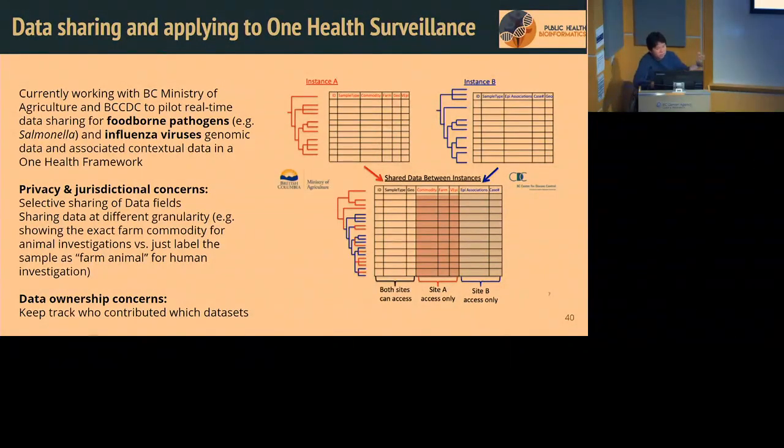All they need to know is that a certain food product has been contaminated and that certain people consumed that particular food product. So segregation of information for privacy and jurisdictional reasons is not unreasonable. We're building tools to allow that, and also to allow the data ownership to be tracked. It's interesting that the intro speaker mentioned blockchain, because we thought about using that to track data ownership, but it's still a work in progress.